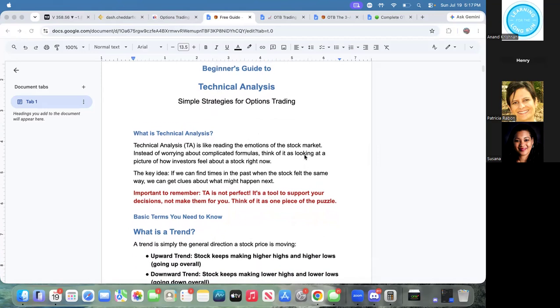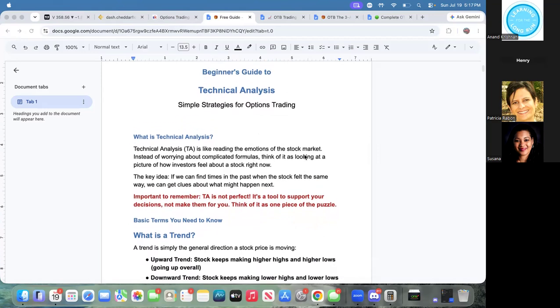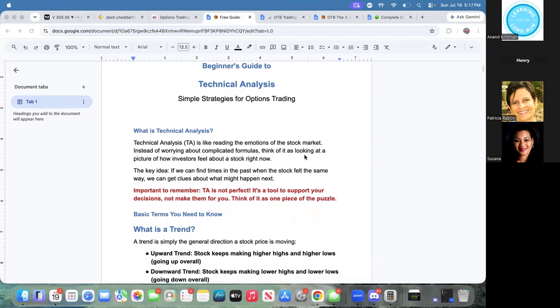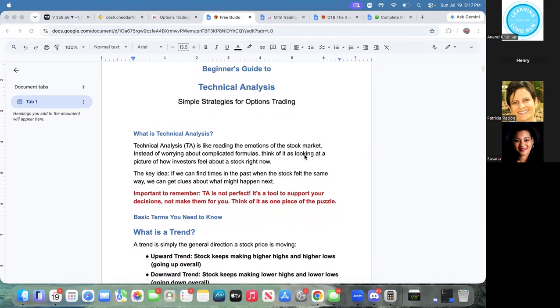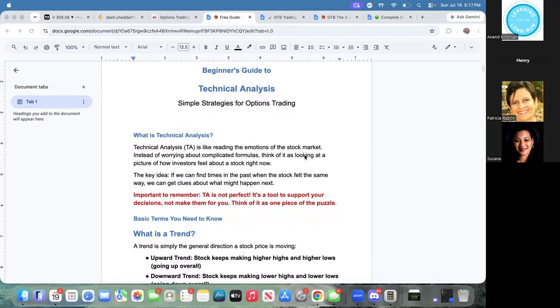You guys might hear certain patterns like cup and handle, head and shoulders, or upside down head and shoulders. All those patterns sound like stock market astrology, but these things actually have a story.